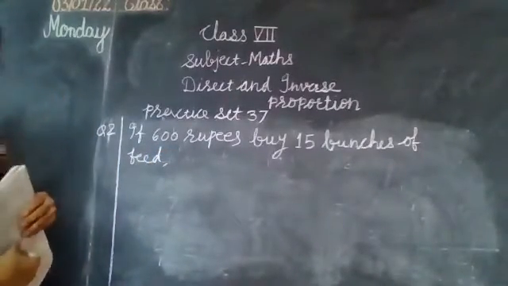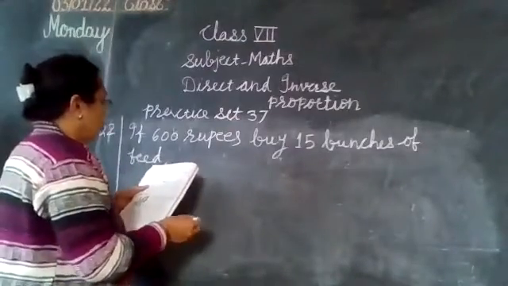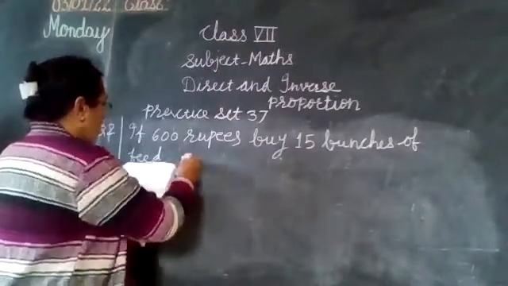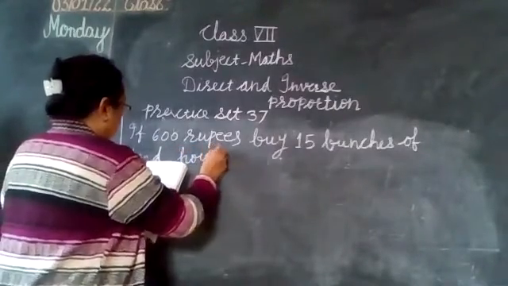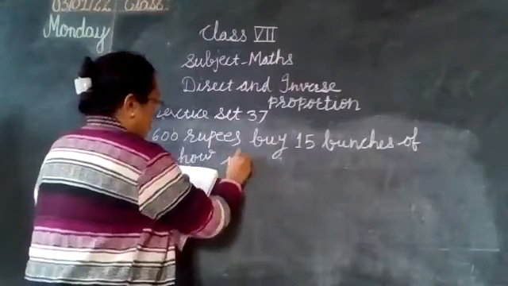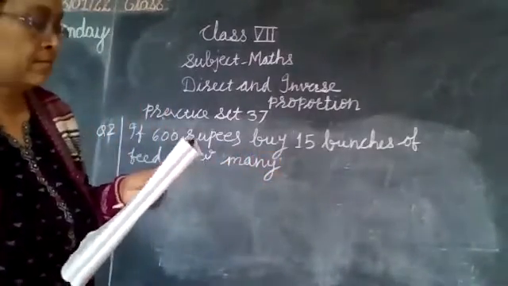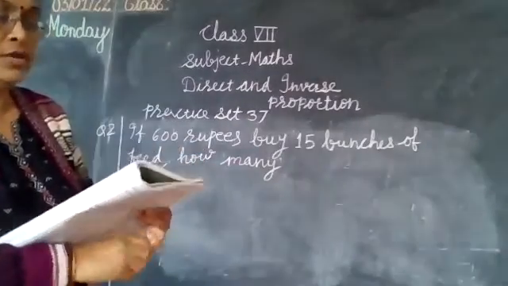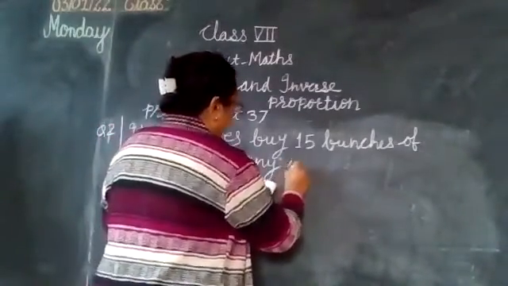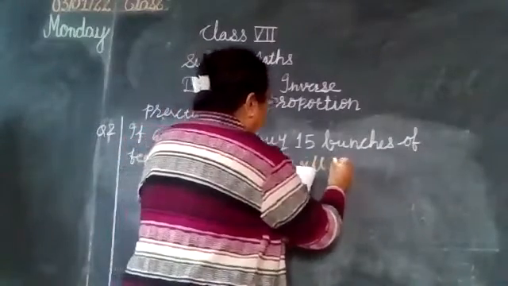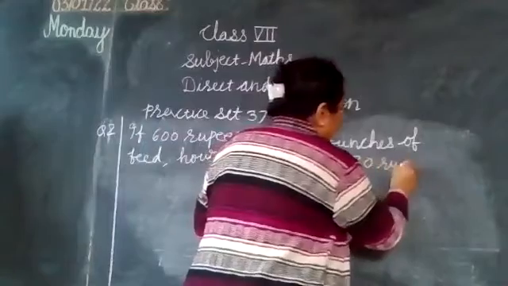Bunches of feed are 15 and it costs 600 rupees. Now how many bunches will 1280 rupees buy?